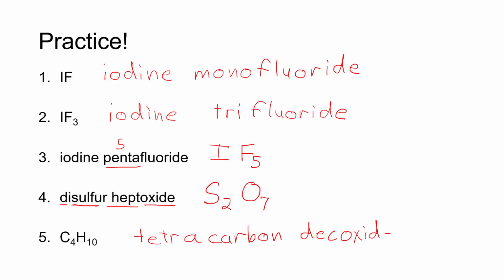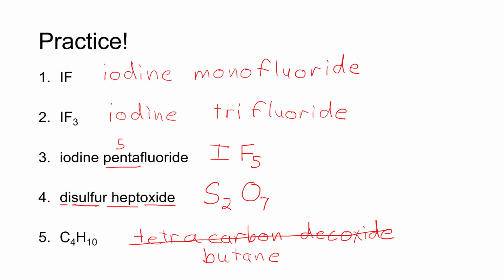We're going to drop that A. But if you write this on a quiz or a test, it is going to be marked wrong because this is a special case. This is one of the alkanes. If it's made up of just carbon and hydrogen and I'm asking you to name it, it's going to be an alkane. And we name the alkanes with an ANE ending and a prefix that tells us how many carbons there are. In this case, there are 4 carbons, and the prefix that goes with 4 is but. So this is actually butane.